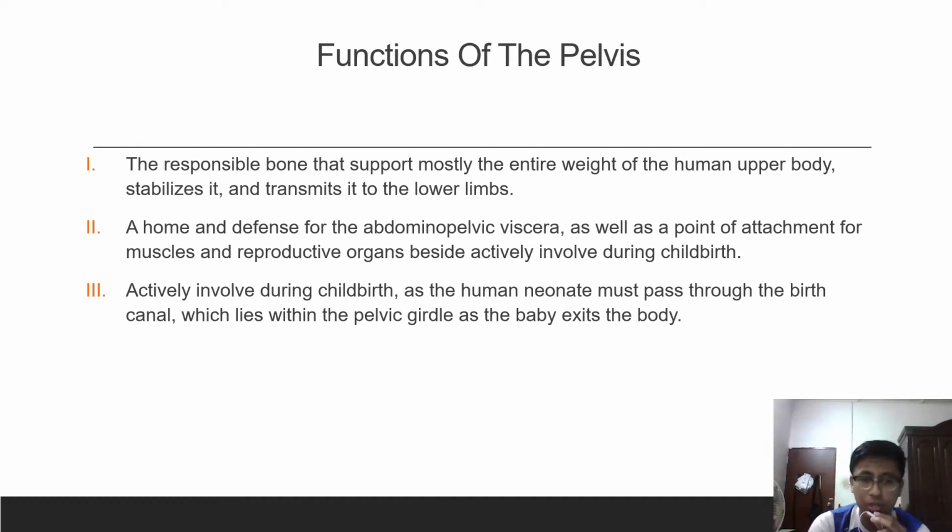It is also a home and defense for the abdominal pelvic viscera, as well as a point of attachment for muscles and reproductive organs, besides being actively involved during childbirth. Human neonates must pass through the birth canal, which lies within the pelvic girdles, as the baby exits the body.